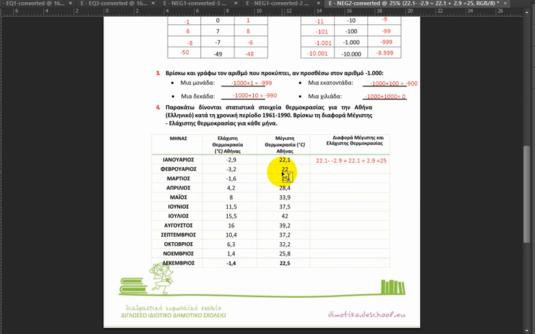Here we have, excuse me, 22 minus minus 3.2. Now, since I'm subtracting a negative, if you remember our rules, this is the same as saying 22 plus 3.2, right? So what we would get out of this is 25.2.